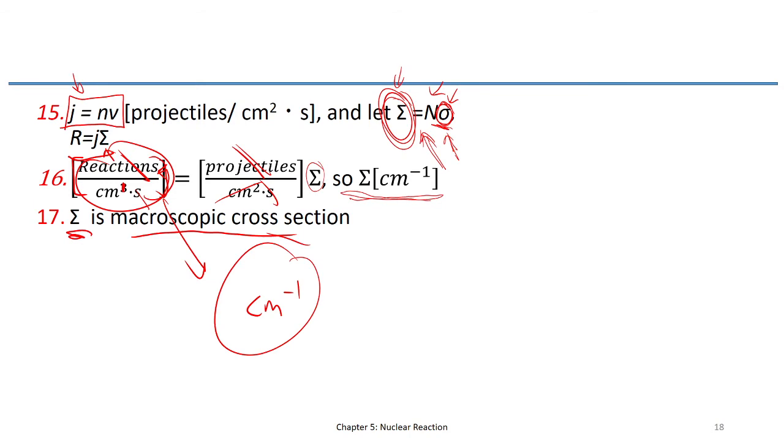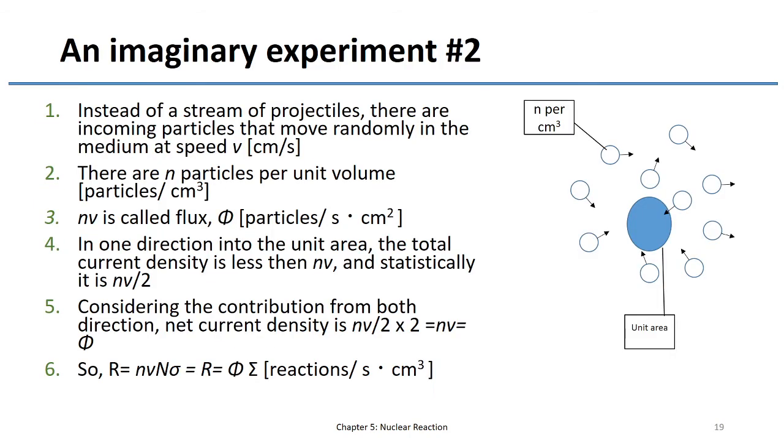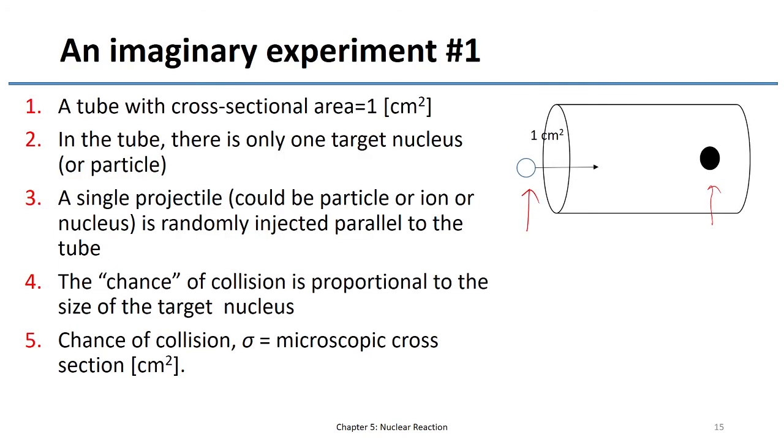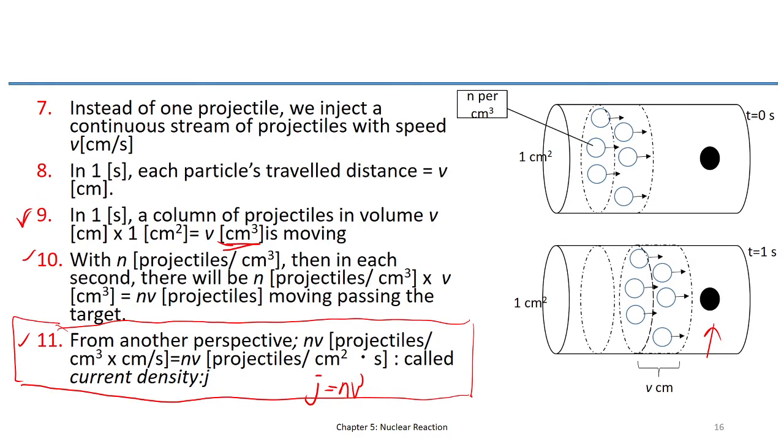So this is imaginary experiment number 1, when we consider that the projectile moves in a homogeneous stream. It's continuous with speed v, and in one single direction.